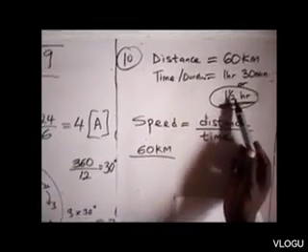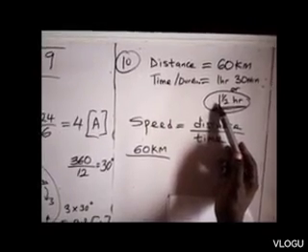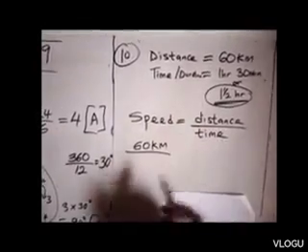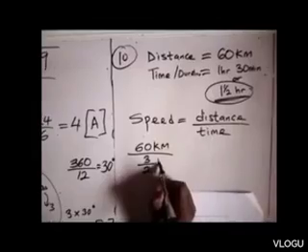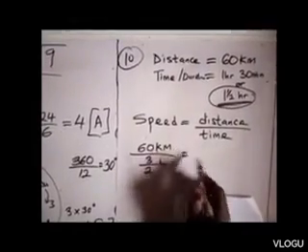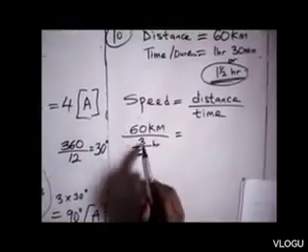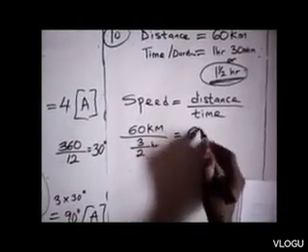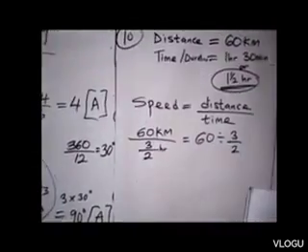And I can convert this to an improper fraction. 2 multiplied by 1 is 2. 2 plus 1, 3. So that is 3 all over 2 hours. Then how can I solve this further? This simply means 60 divided by 3 over 2. Very straightforward.